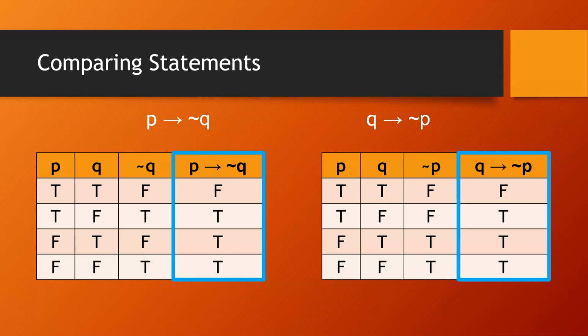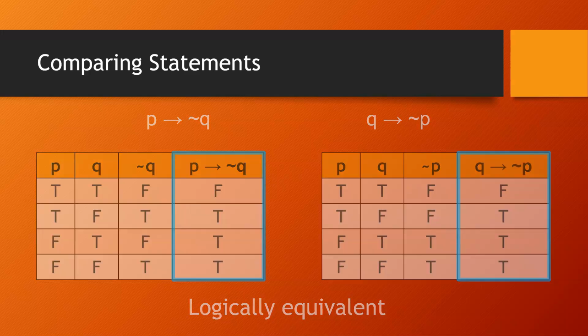In this case, we have a perfect match between the two columns. False, true, true, true. If that's what you see, if the truth columns are identical for the two statements, then you have two statements that are considered to be logically equivalent to each other.